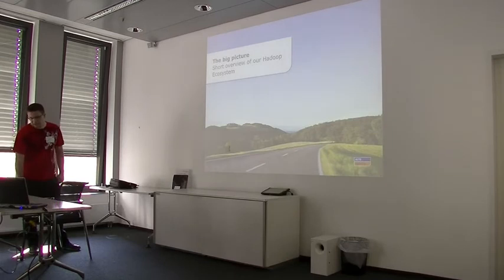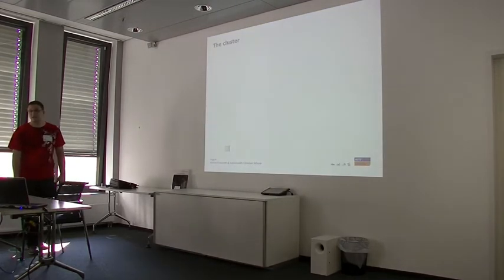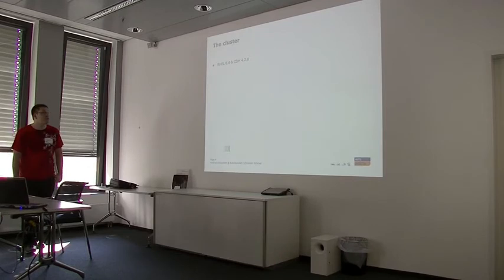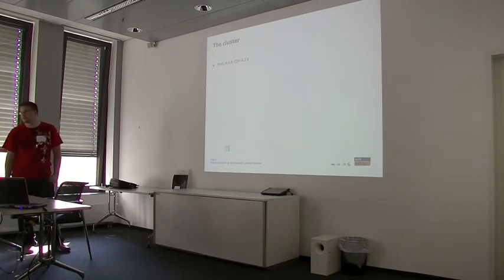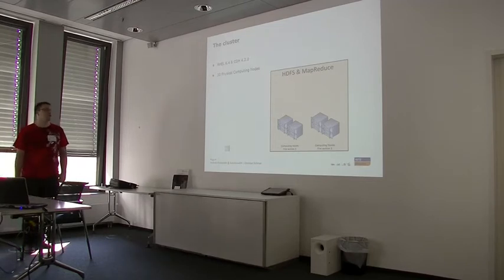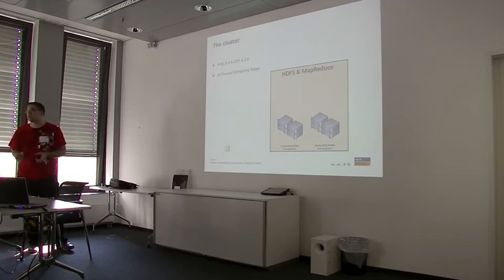Okay, let's start with the big picture. Big picture means our cluster. Our cluster is running CDH 4.2, and we are running it on Red Hat Enterprise Linux 6.4. Our cluster is 30 physical computing nodes. Those nodes are the only thing that is physical in our cluster.